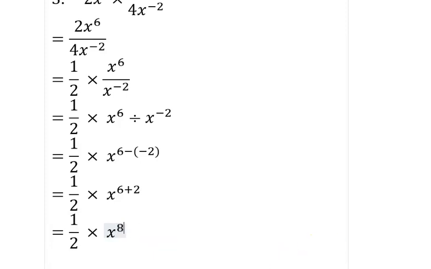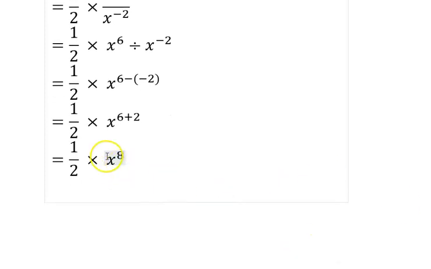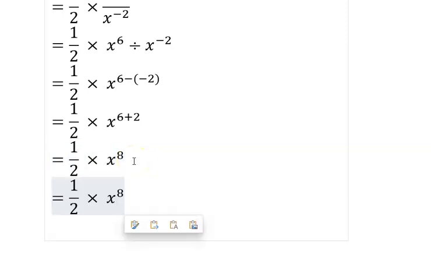Awesome. So with this, we just have our job easier now. It's just to say 1 over 2 multiplied by s raised to power 8. You can leave it like that, or you can decide to remove this multiplication sign. And here you are, your final answer.